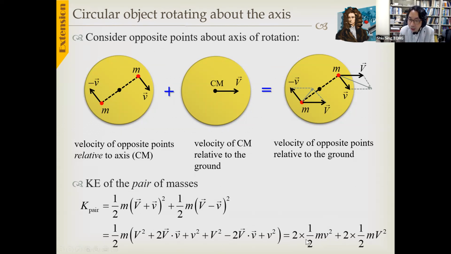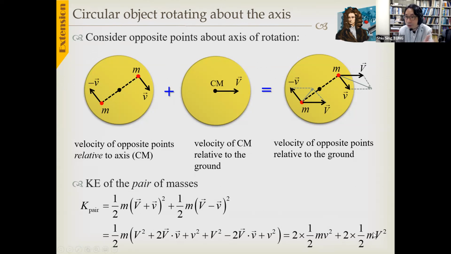So the energy seems to be separate. The first term seems to be the rotational energy of the two masses. I simply count the rotational velocity without involving the translational motion, and if I calculate half m v squared multiplied by 2, I get the rotational energy. The second term is the translational energy.